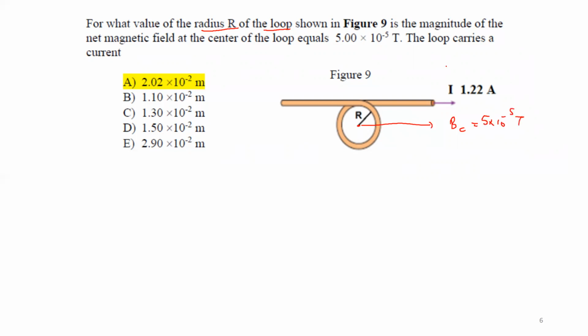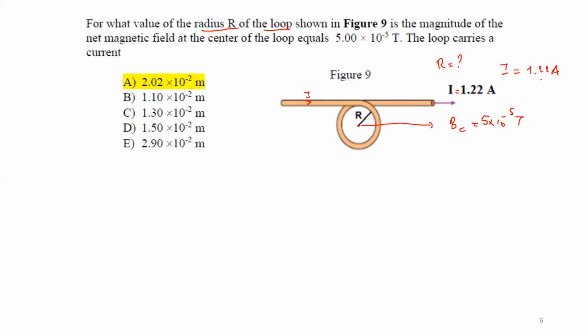So what is the radius R of my full circle? Here the loop carries current, of course. So I have a current I, which is moving forward here, and I is equal to 1.22 amp.